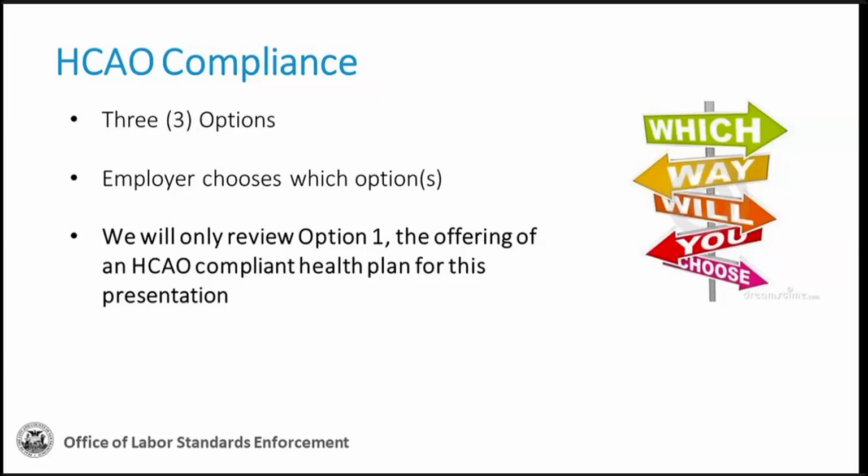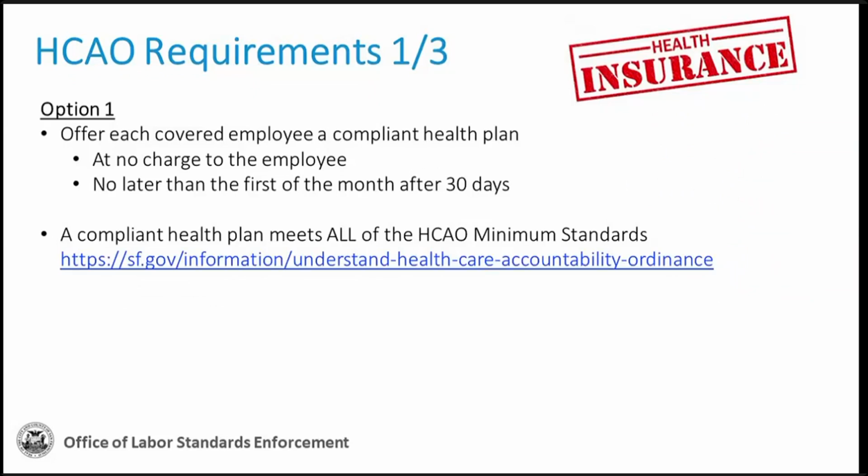Now, for today, we're only going to review option 1, as option 1 really is specific to the HCAO minimum standards in which the employer has chosen to offer a compliant health plan. So let me pop into the chat box a URL with the HCAO poster with the 3 different options, and you can review that at a later date.